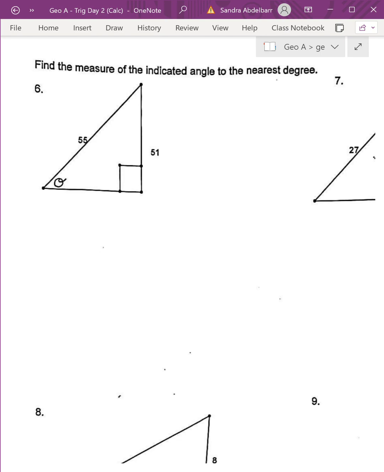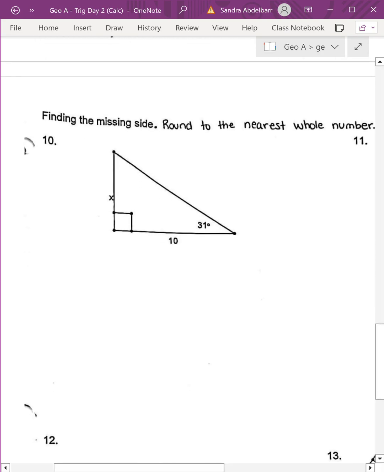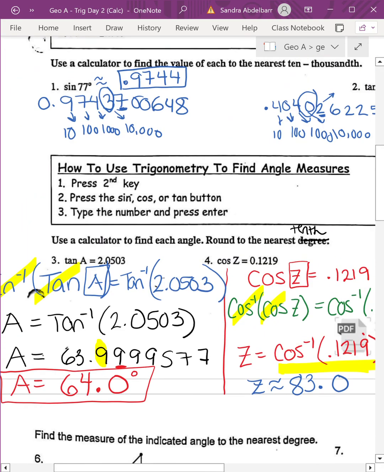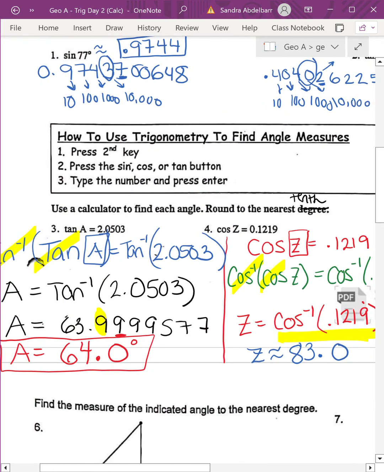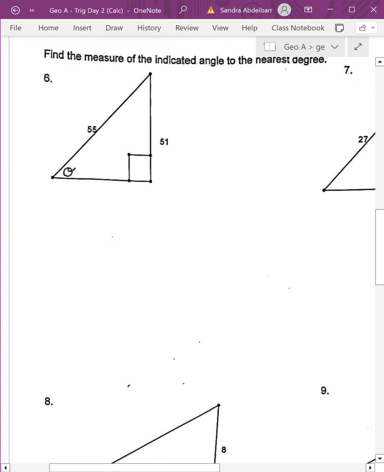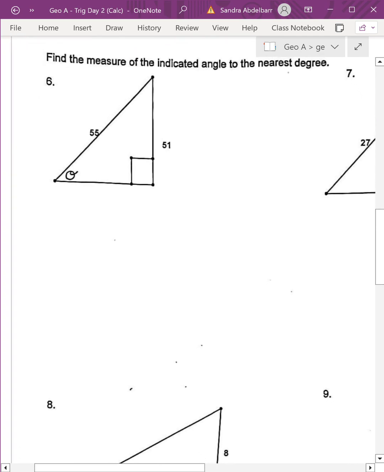Well, how are we going to find the missing angle? Is there more that I'm missing? Guys, was there another section here? No? Okay. So now we want to find the missing angle. We're going to look at everything in reference to this unknown angle, and at the two sides they're giving me, which are 51 and 55.